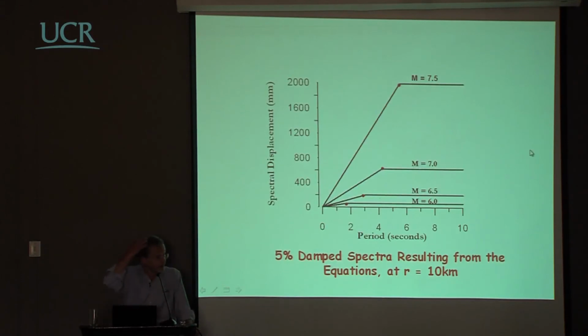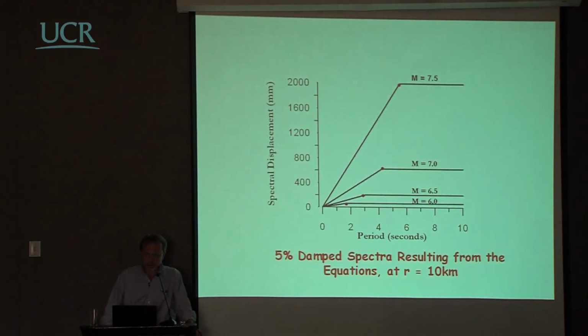You may remember that when we were looking at the acceleration spectrum for Whittier and for Northridge, you were at the same distance. One was a magnitude 6, the other was a magnitude 7 or something, and the difference in the acceleration demand was only around 2.